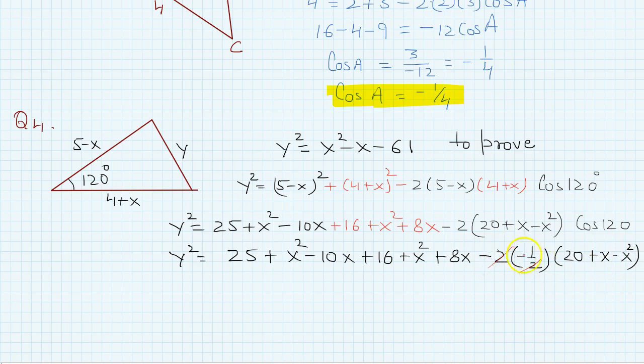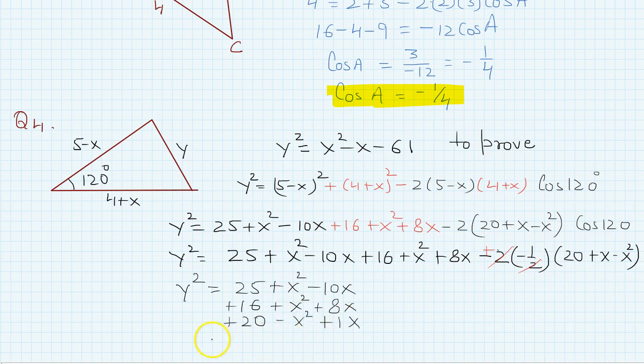So now we can cancel this, and minus and minus will become plus. So now we have y square is equal to 25 plus x square minus 10x plus 16 plus x square plus 8x plus 20 plus x, that is 1x minus x square. That's how we have gathered.